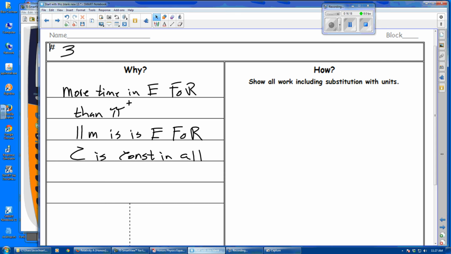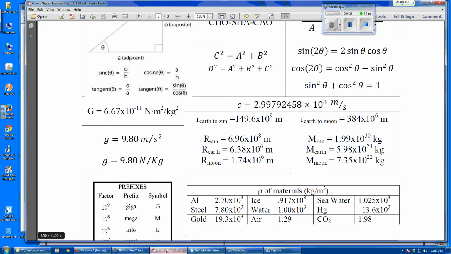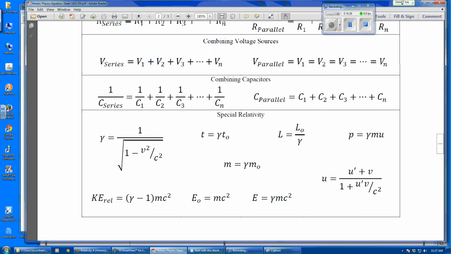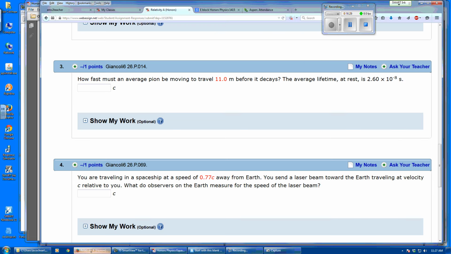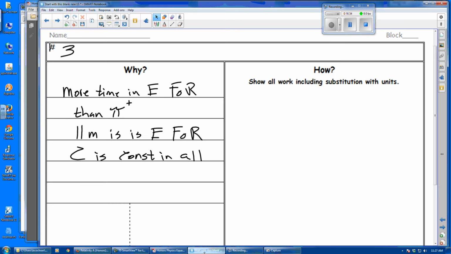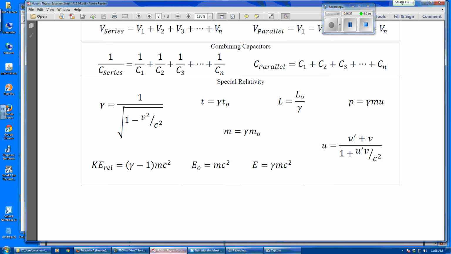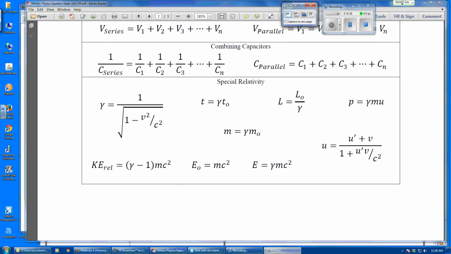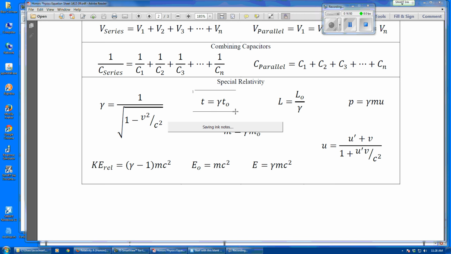So, looking at equations, we need to translate from, what do they want again? Oh, they want it in terms of C. That's nice. So, in terms of equations, we're going to have to transfer from one frame of reference to another. So, it would be good to have the Lorentz transformation. We're going to look at time in one frame of reference and then in a second frame of reference. So, it'd be good to have the time relationship.